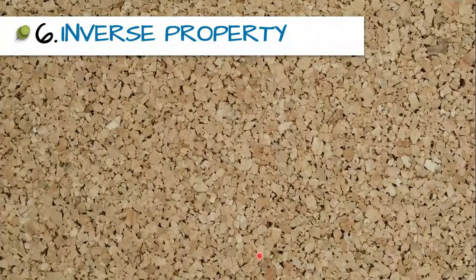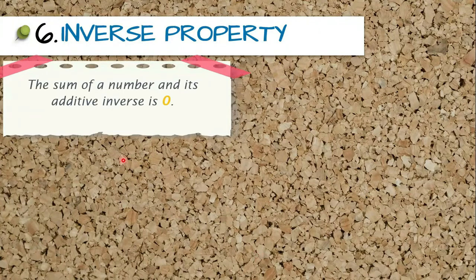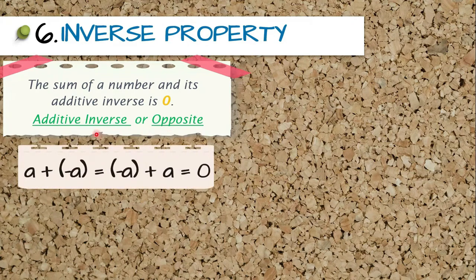Number 6, inverse property. First, the sum of a number and its additive inverse is 0. Additive inverse is also called the opposite number. So, a plus negative a is equal to negative a plus a.